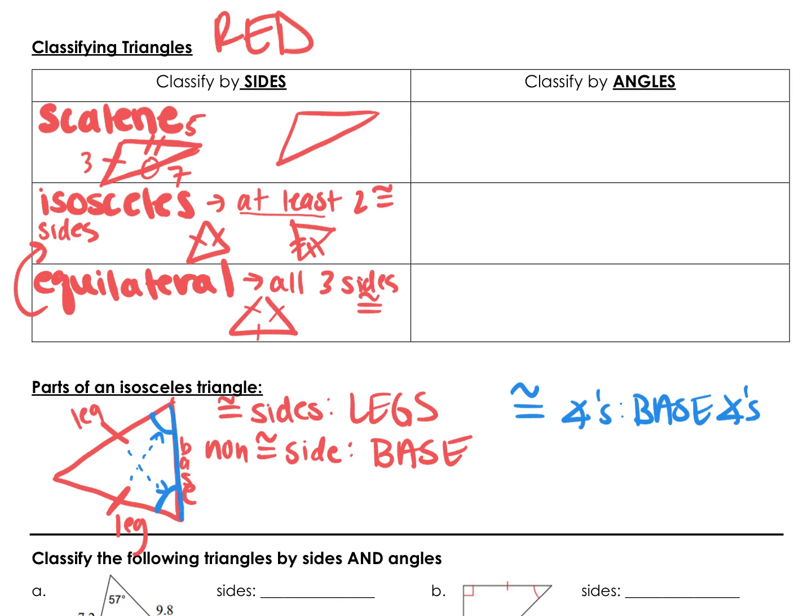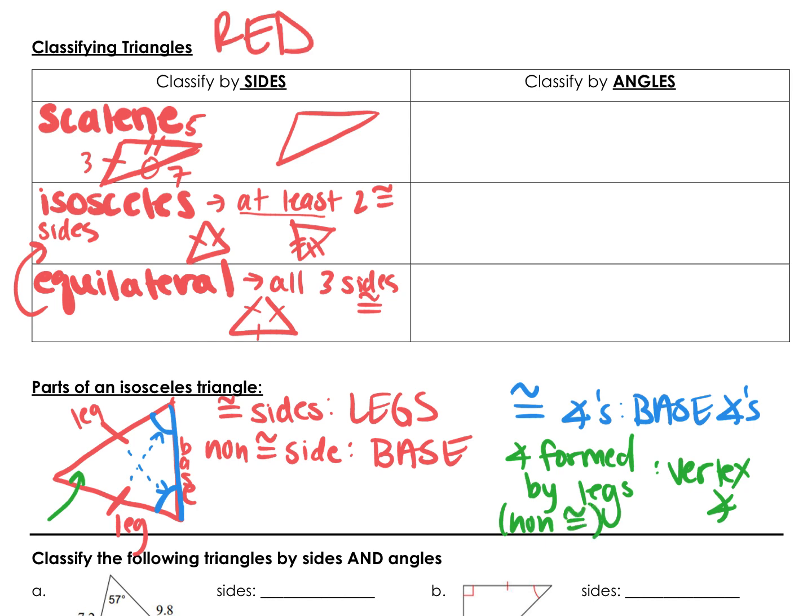And then the non-congruent angle, the angle formed by the legs, is called the vertex angle. That's the non-congruent one. So this is the vertex.